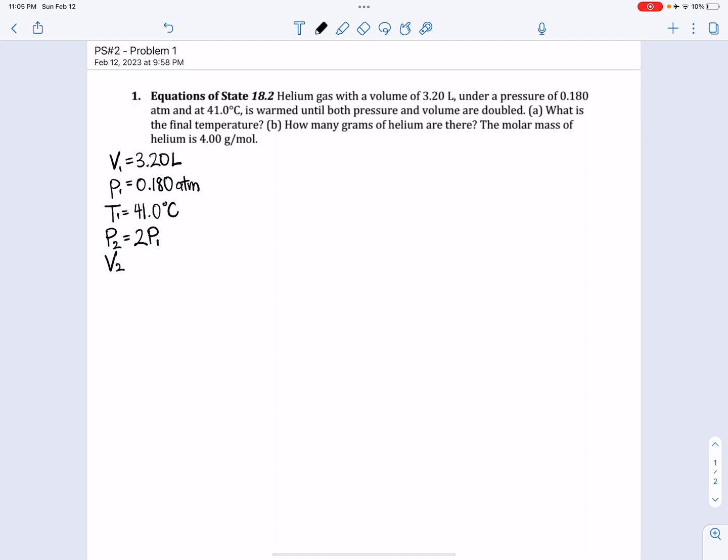So the final volume is twice the initial volume, 2V1. Okay? And what is the final temperature? That's for part A. So part A, what is the final temperature?